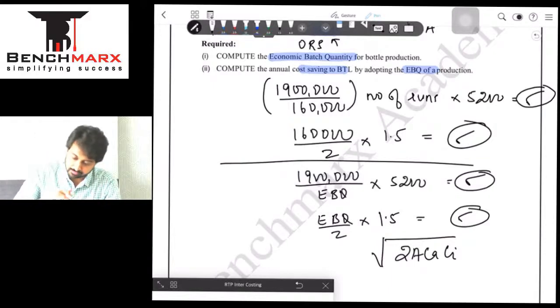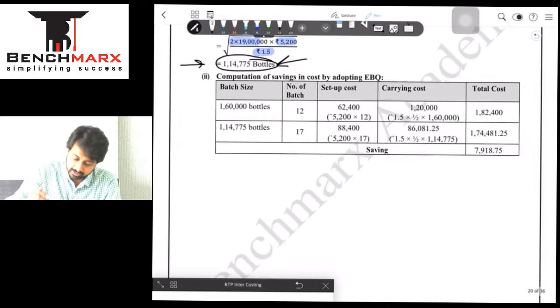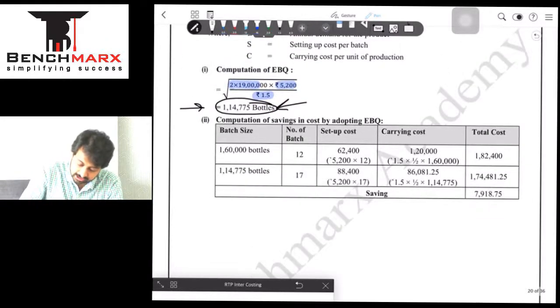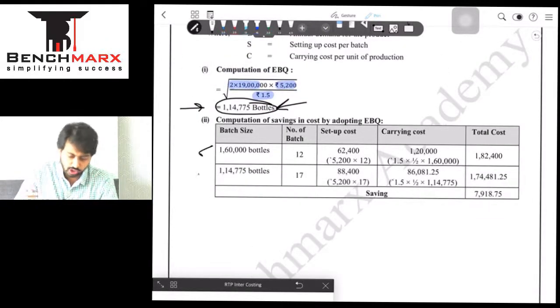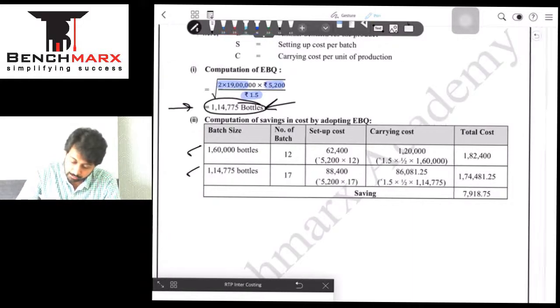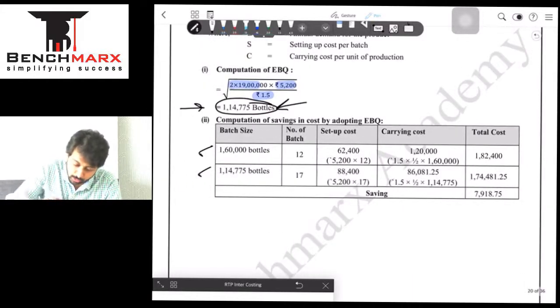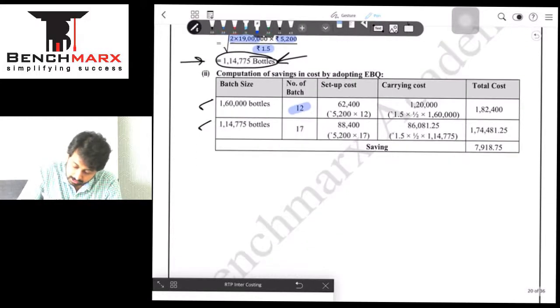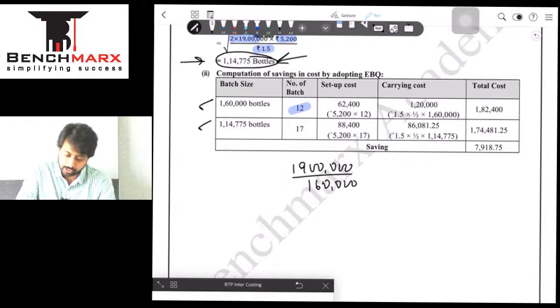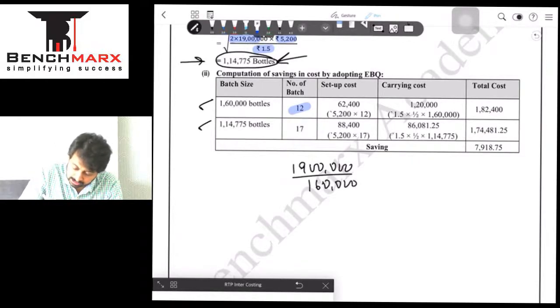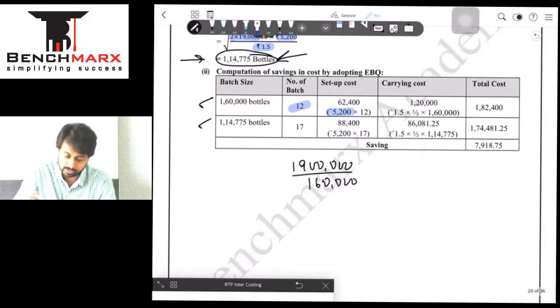Okay, let's verify what the ICI has done. As I said, if the batch size is 1,60,000, if the batch size is EOQ or EBQ, what is my cost? So the number of setups, number of batches, is 12. They haven't shown the working of 12, but this 12 is nothing but the 19 lakh annual requirement upon 1,60,000 batch size, and whatever number comes, that is I think 12, and that 12 into my setup cost appears to be 400.